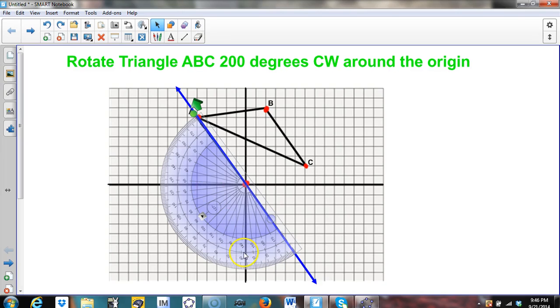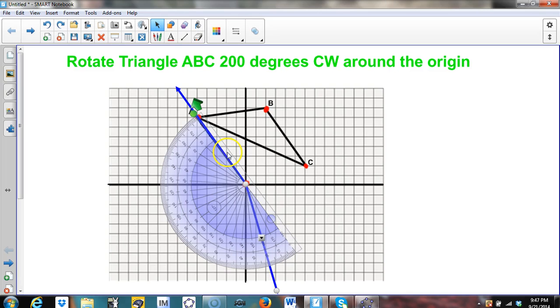See how this is on the 0 line here? The center of rotation is still at the origin, so now I can go another 20 degrees, and there would be a 200-degree rotation, because that's 180 plus 20.